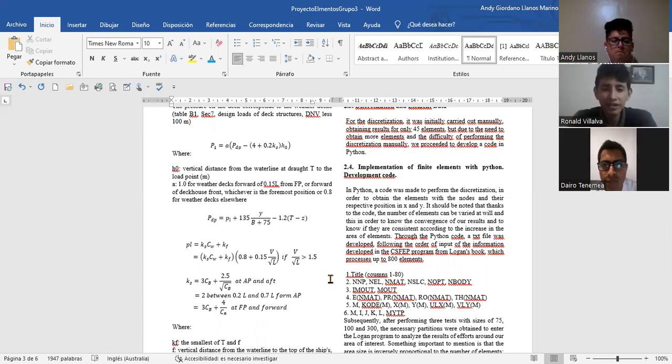So we get the following coefficients and values. And finally, using all these coefficients and values, we get the pressure acting on the deck. We have a value of 23.23 kilonewtons per meter acting on the deck.